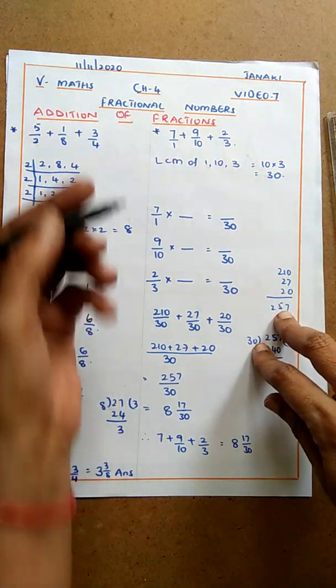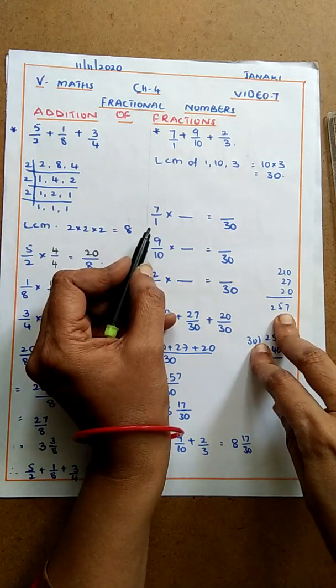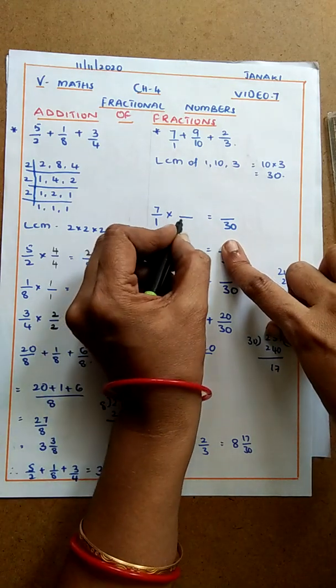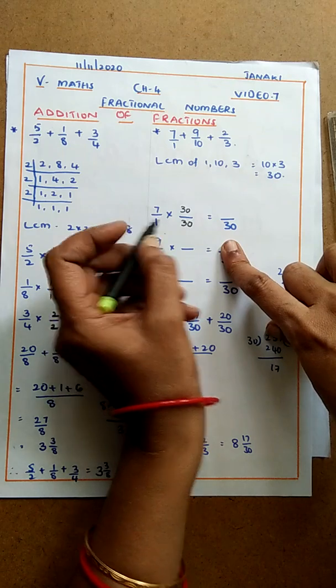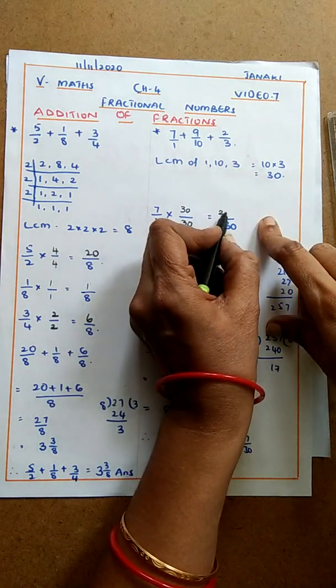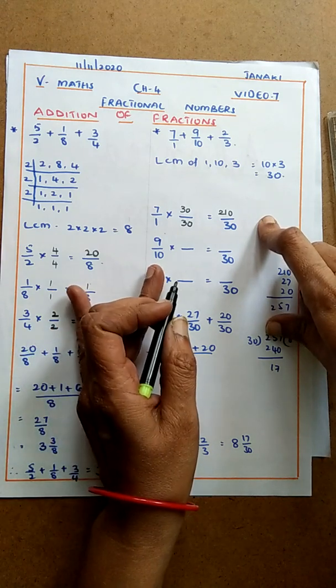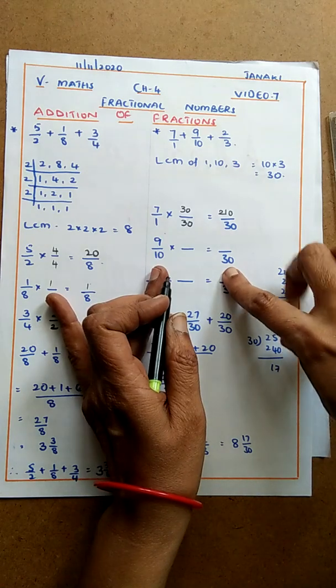Now let us take 7 by 1 and form the like fractions with 30 as the denominator. 1 goes 30 times. Multiply the numerator also by 30. 30 into 7 will give you 210.